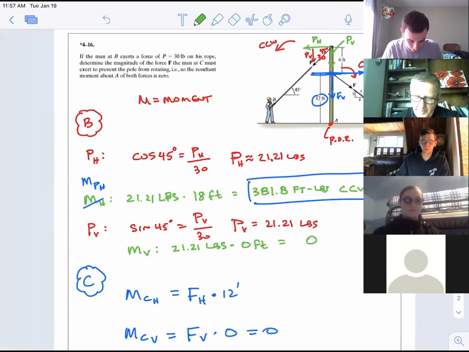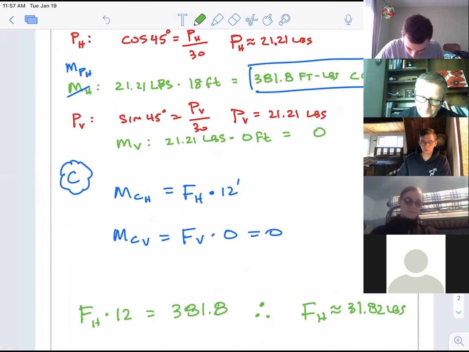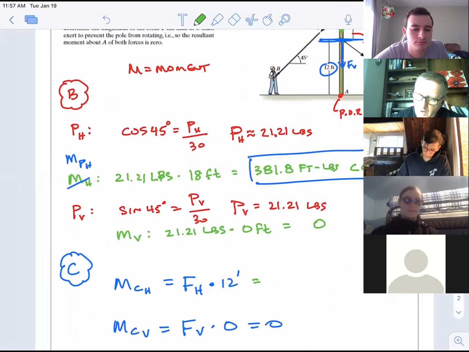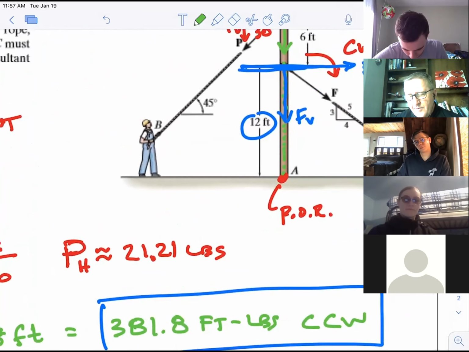So let me show you a better way that I could have done this. I'm purposely going to kind of cross this out. Well, I won't cross it out, I can just add to it. Based on that right triangle, what fraction of his pull is horizontal? Based on the 3, 4, 5 triangle, what fraction of his pull is horizontal?